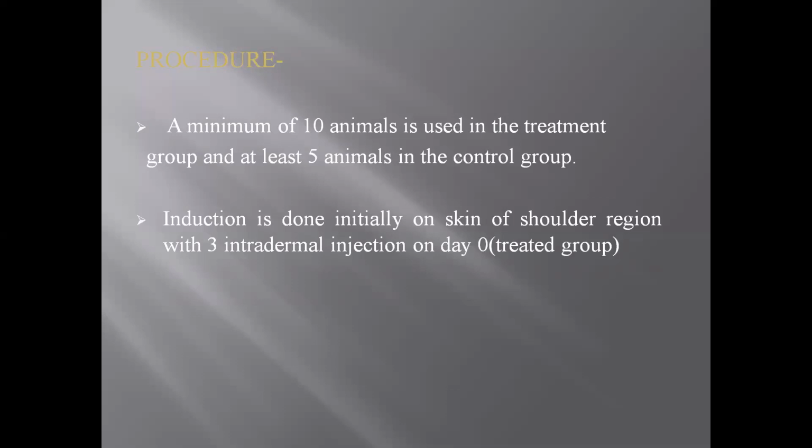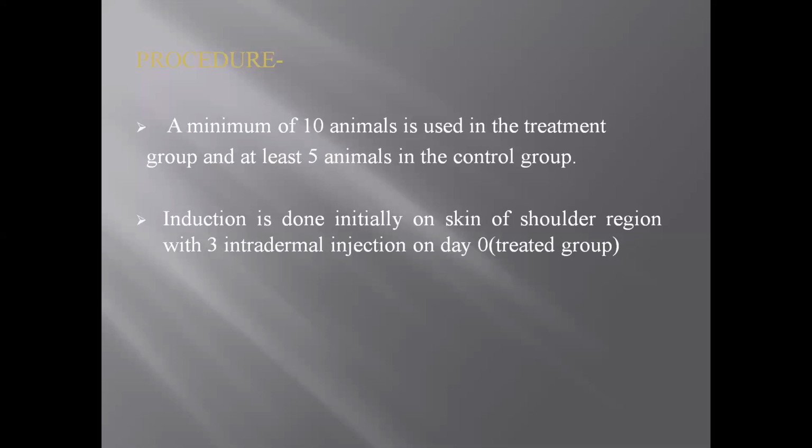Then after that, induction. Induction is done initially on the skin of the shoulder region, and for that, first of all, the hair of this region is taken off by shaving, clipping, or any other method. Then induction is done with 3 intradermal injections on day 0 in the treated group, and in the control group also the induction is done with 3 intradermal injections on day 0.